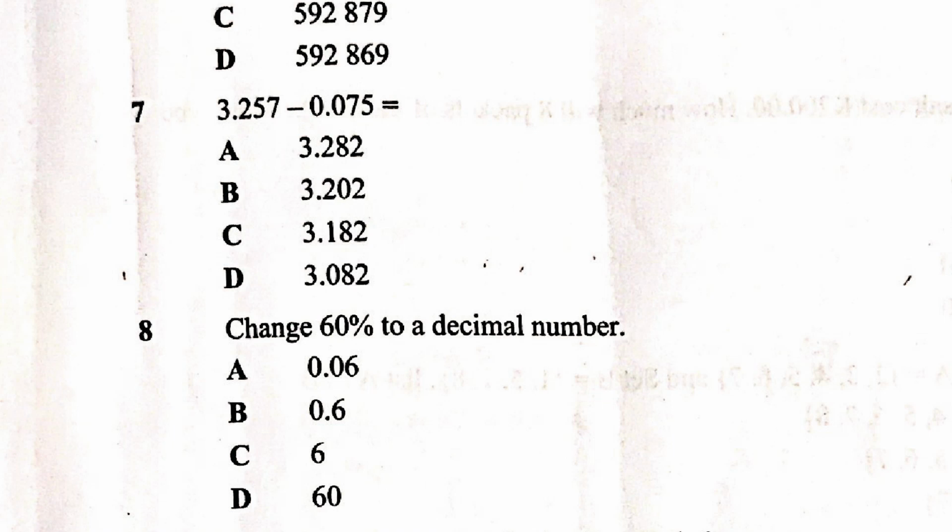So it is saying 3.57 take away 0.075. We are going to rearrange this by writing it in vertical order. 3.570 take away 0.075.